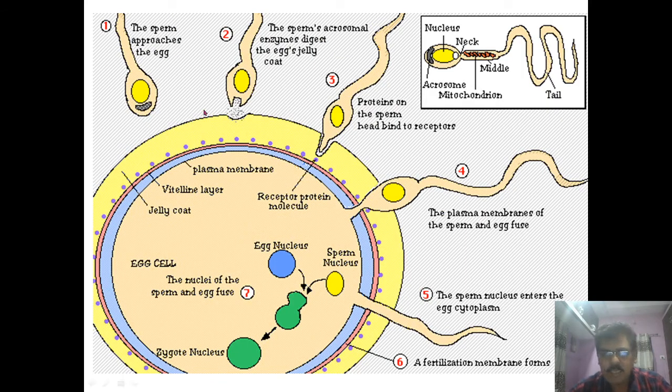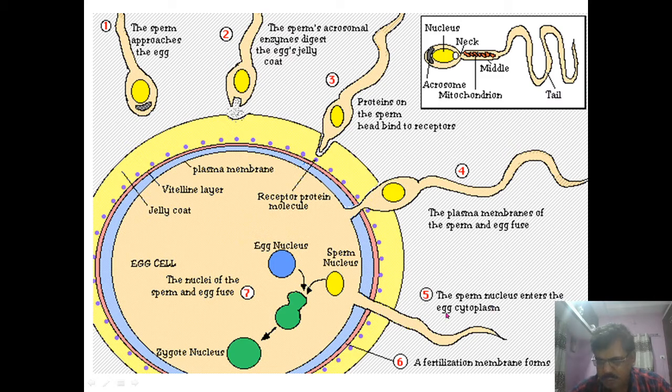This is the same picture of the steps that are involved in fertilization in the sea urchin. First the sperm approaches the egg, then the sperm acrosomal enzyme digests the egg jelly coat. The proteins on the sperm head bind to the receptor. Then the plasma membrane of the sperm and egg fuse together.